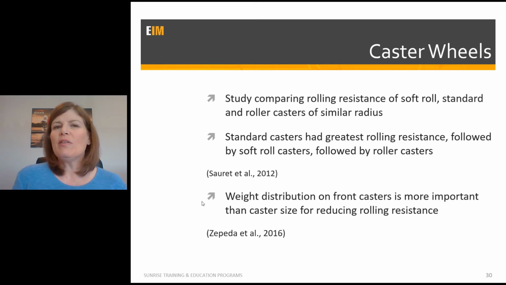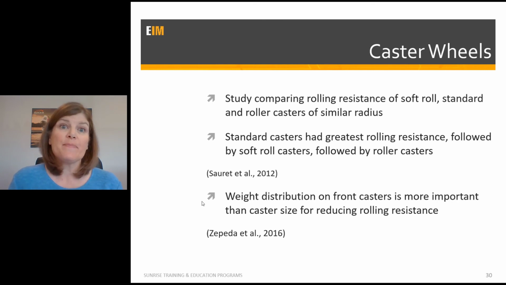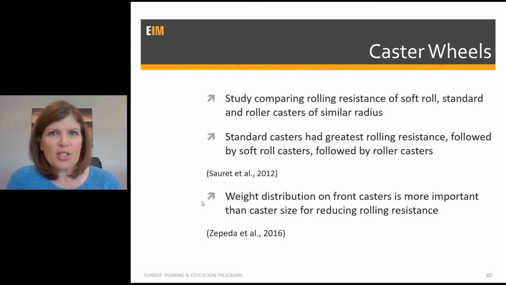Now, when we look at rear wheels, we're going to talk about the diameter and how the larger diameter of the rear wheel decreases rolling resistance. There was a study done that looked at the size of the front caster, and that's its effect on rolling resistance. So they compared casters that were 4 inches, 5 inches, and 6 inches.